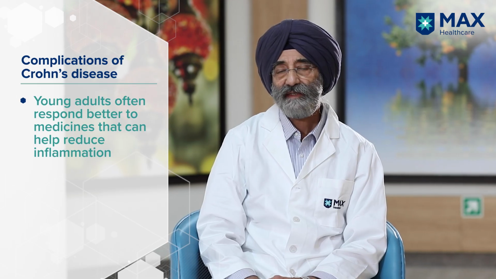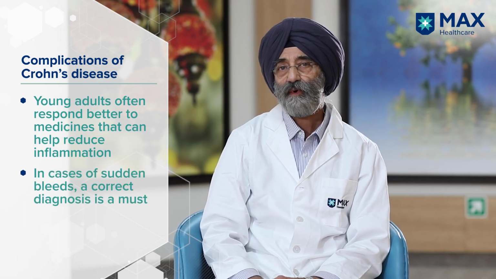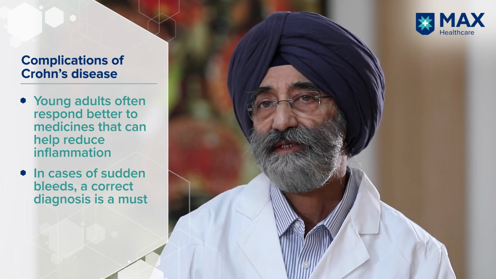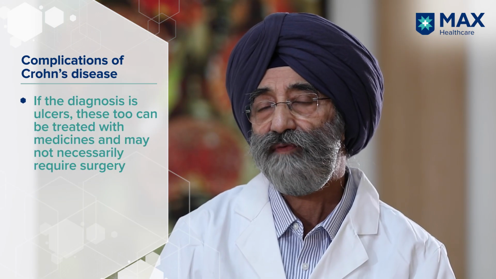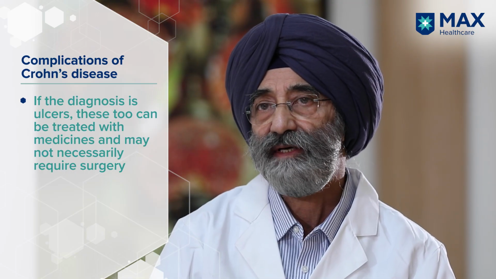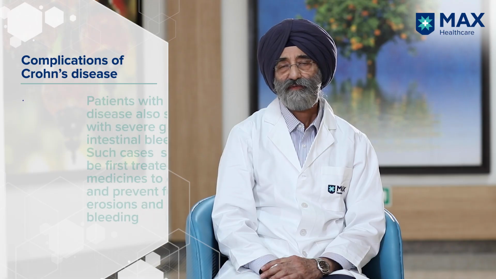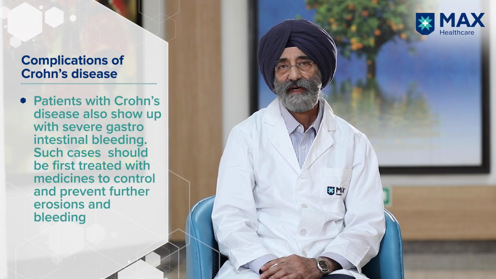The second important thing is people who present with a sudden severe bleed. It is important to diagnose that this patient has got a bleed because of ulcers, and these ulcers can often be treated by medical methods and not necessarily by surgery. Some patients of Crohn's disease can present with a massive gastrointestinal bleeding.